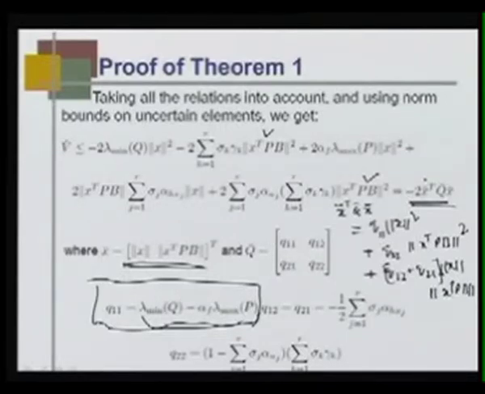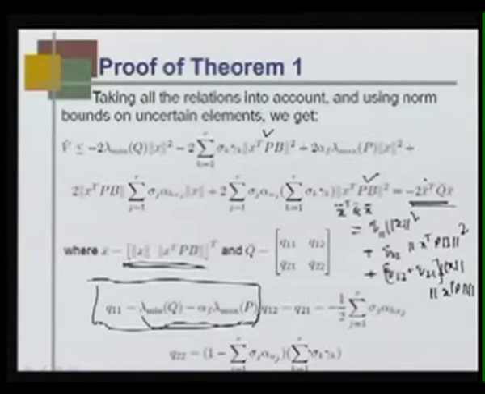If I take minus 2 common, I get sum over k equal to 1 to r of sigma k gamma k, and the second term, sum over j equal to 1 of sigma j alpha u j, and sum over k equal to 1 to r of sigma k gamma k.